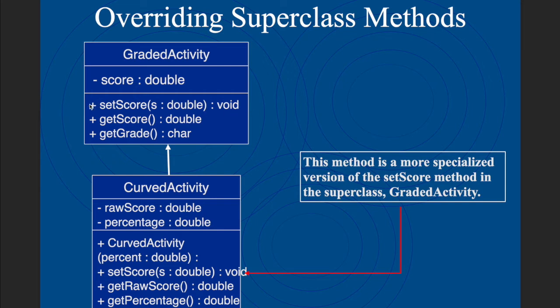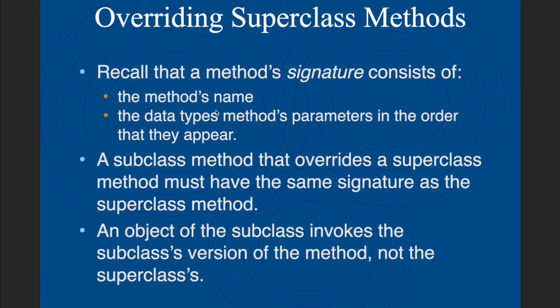Do you remember what a method signature is? Parameters, name of the method, and return type. But this method is a more specialized version of the setScore method in the superclass, and we are interested in this. Recall that the method signature consists of the method's name and the data types of the method's parameters in the order that they appear.